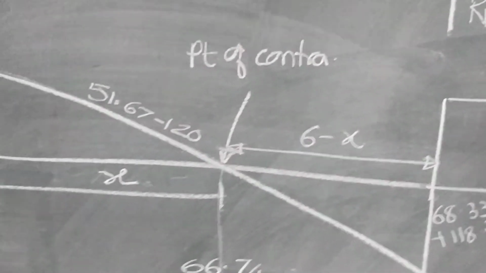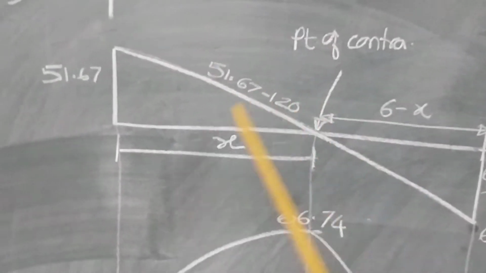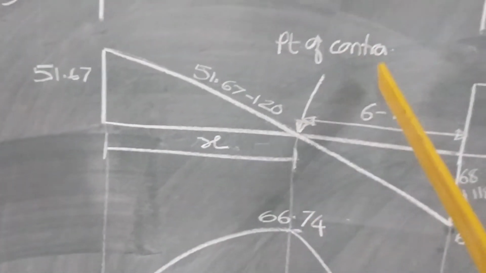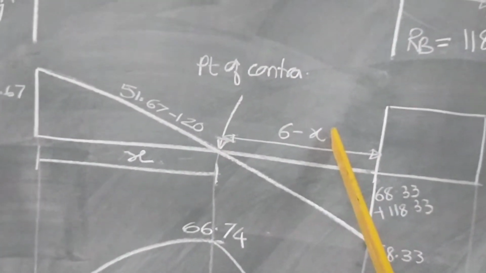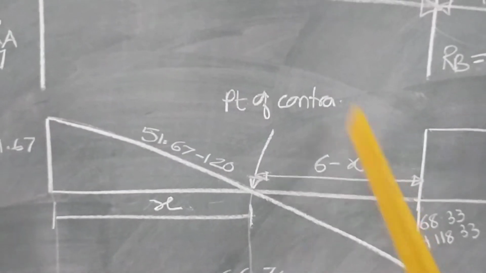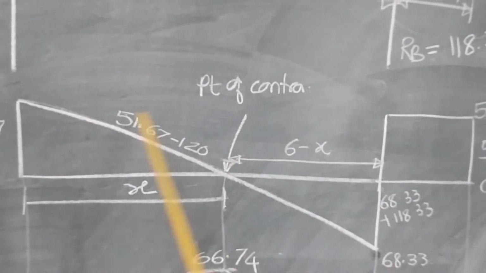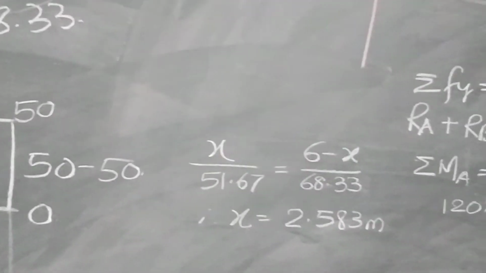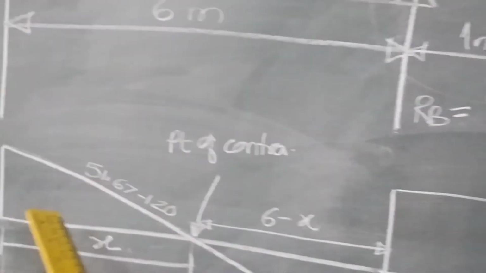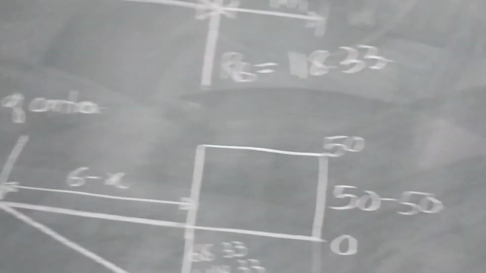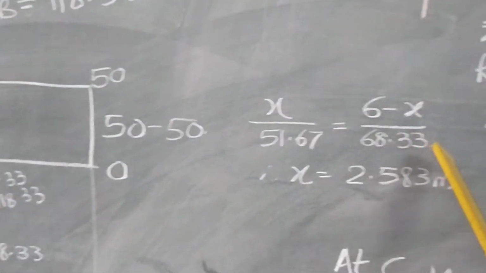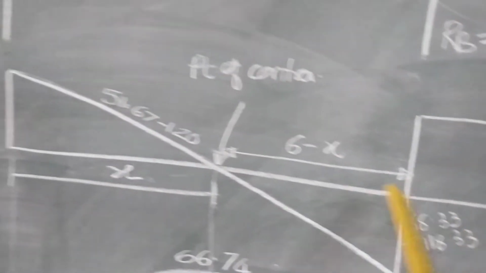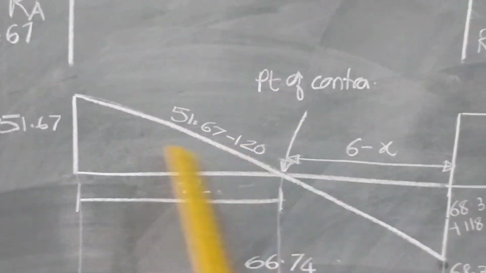Now this is a point of contraflexure. Suppose this is x, that means this is 6 minus x. As usual, calculate x using these two triangles. Similarity of triangles gives x upon 51.67 equal to 6 minus x upon 68.33, because these two triangles are like this.